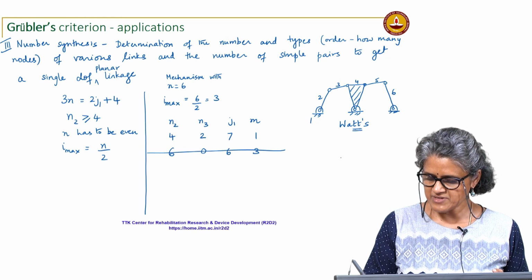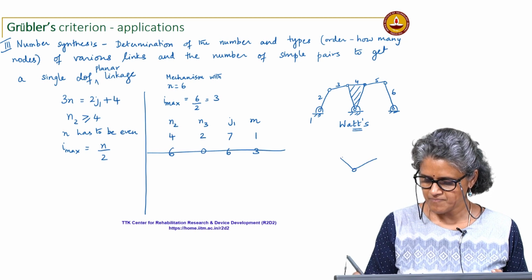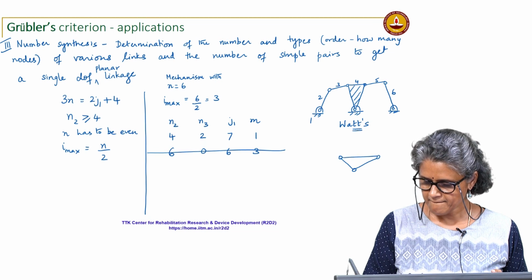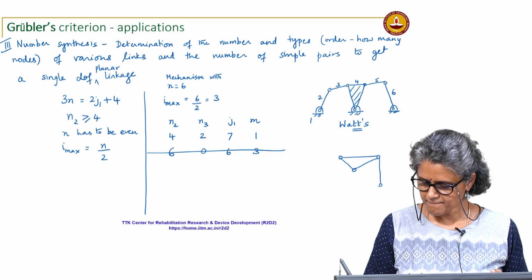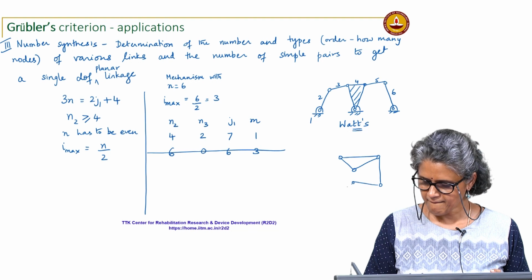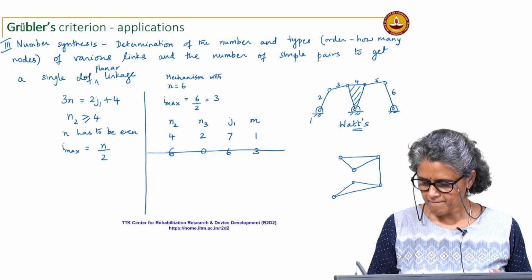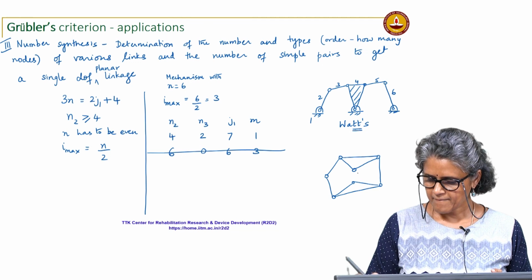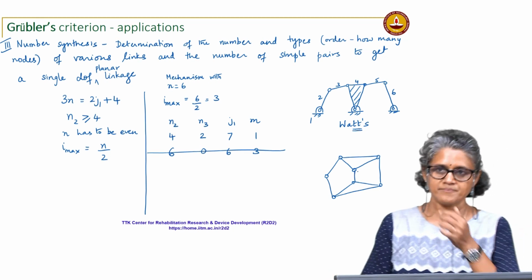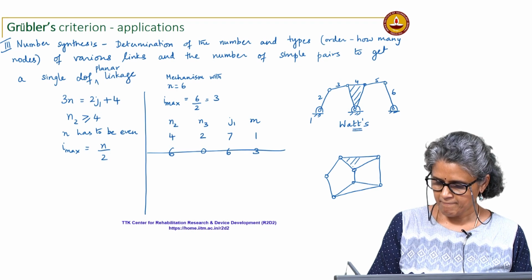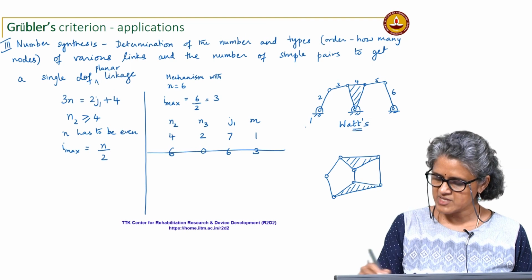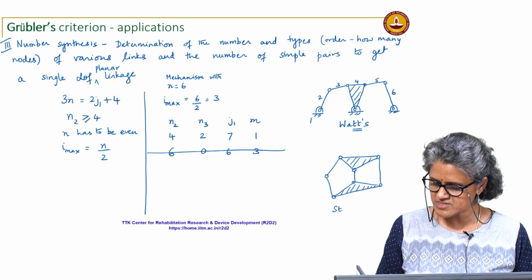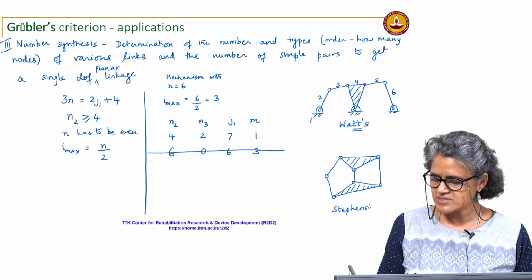In the Stephenson chain, the other chain, they are separated by a binary link. The chain itself is called the Watts chain or the Stephenson chain, depending on which link you fix.